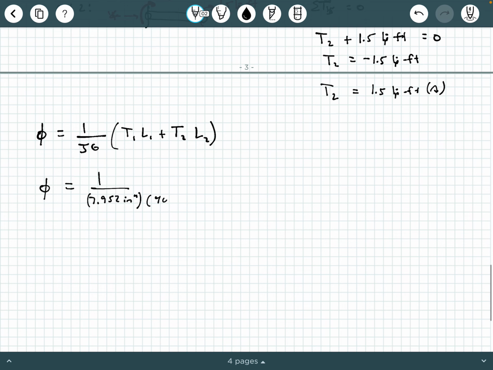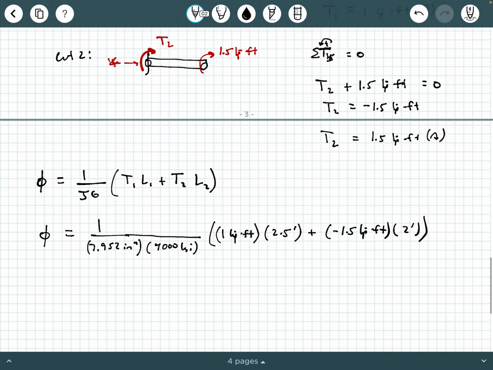G was 4,000 KSI. Let's extend that fraction over. And then T1 is 1 kip feet times L1, which is what? L1, I believe, was 2.5 feet. And then plus T2, which is negative 1.5 kip feet times 2 feet, okay?